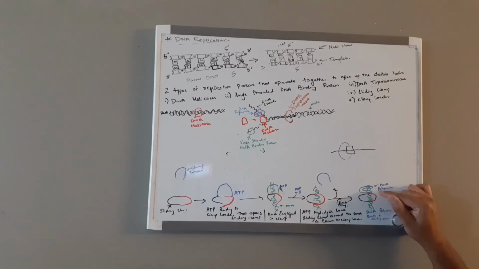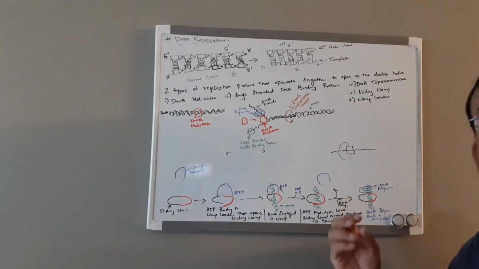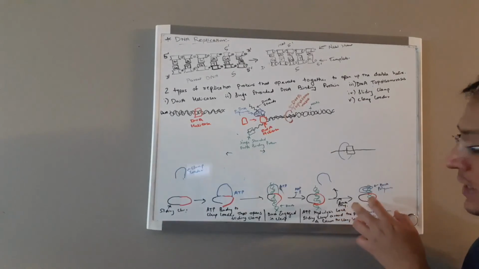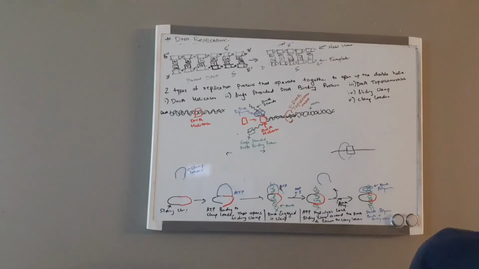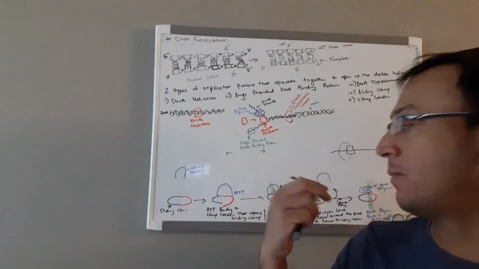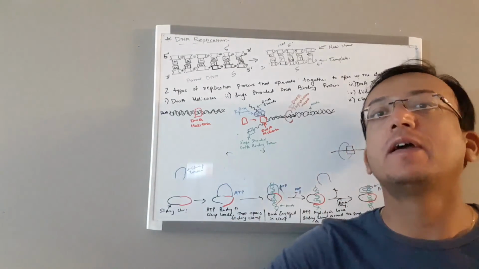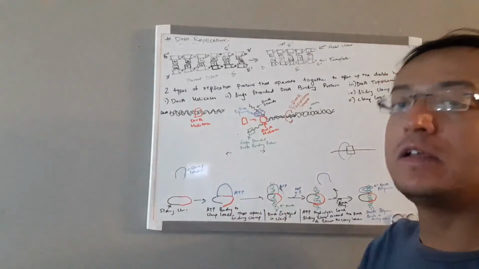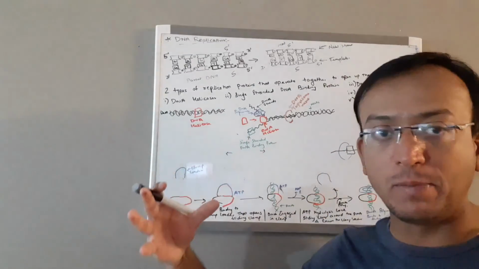But on the lagging strand, this will release the sliding clamp as soon as it reaches the 5 end of the preceding Okazaki fragment. The polymerase releases itself from the clamp, and as soon as it releases from the clamp, the DNA polymerase will dissociate from the template, right?